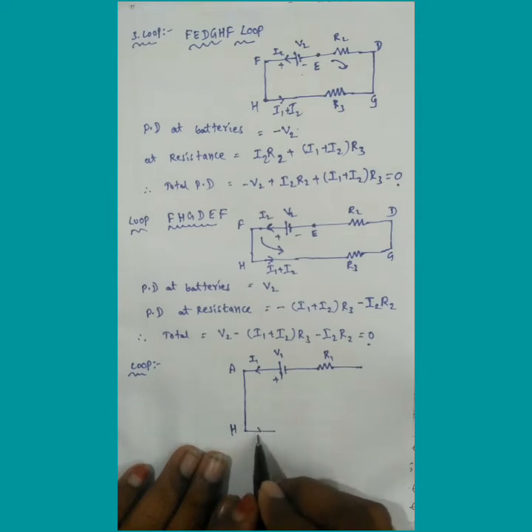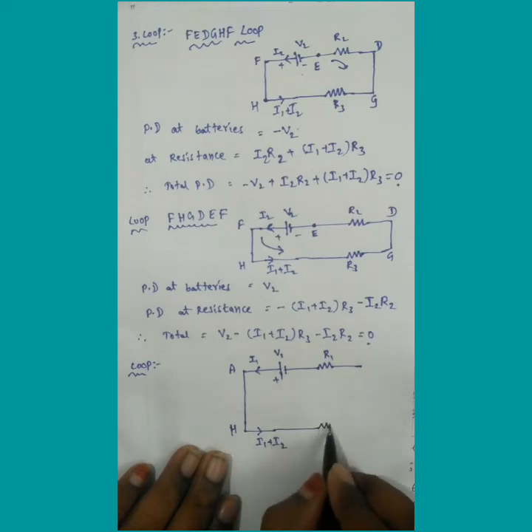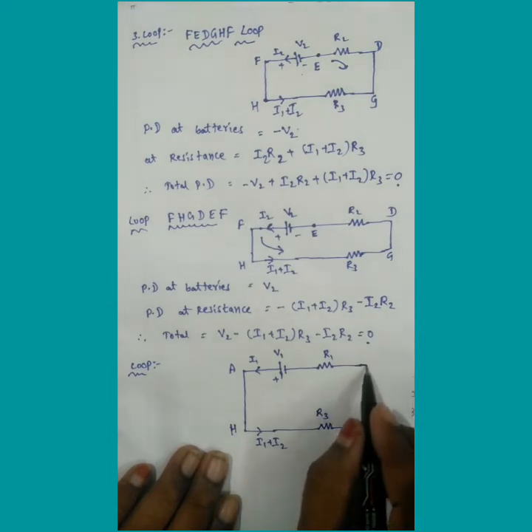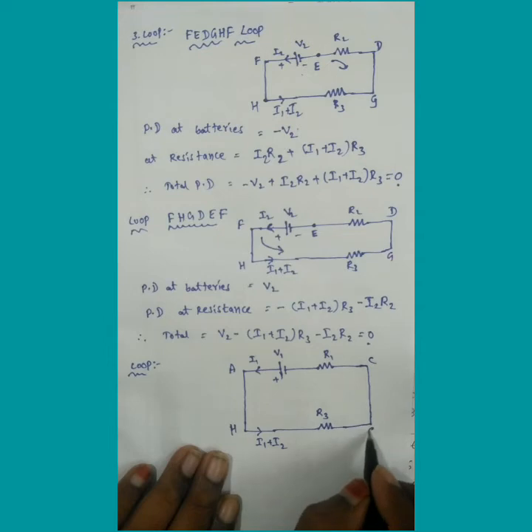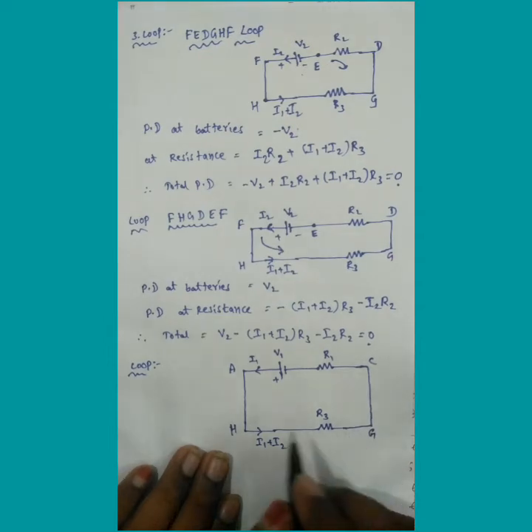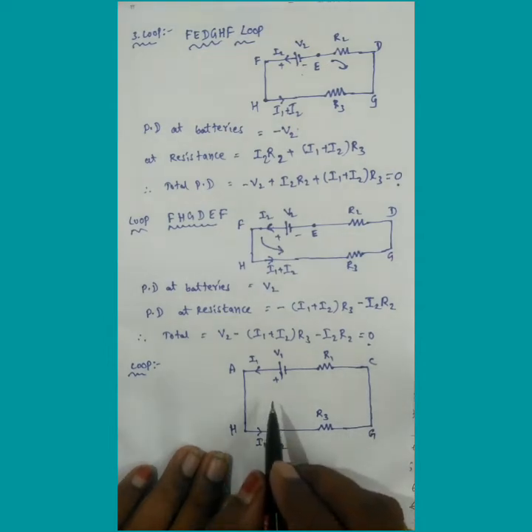H, and the current flowing from here is I1 plus I2, and another resistor is also connected there. That resistor we are calling R3, and these points we are calling G, C and G. Now which direction are we taking?